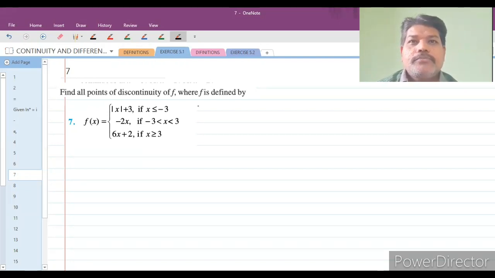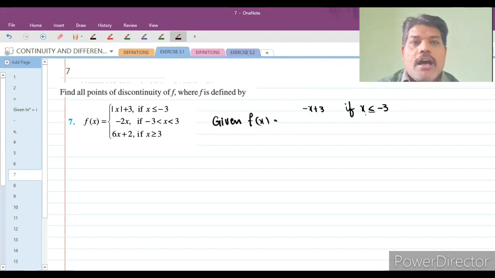So see this one. First I will take the given function. f of x is given like this. First one is minus x plus 3 if x value is less than or equal to minus 3.